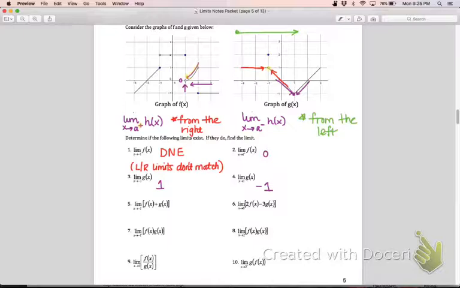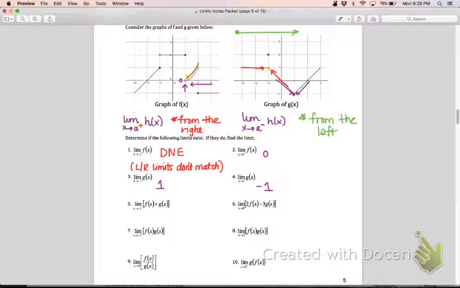So number 5, if we want the limit as x approaches negative 1 from the left of f of x plus g of x, then we need to kind of think about what f of x plus g of x is going to be as we move closer and closer. So let's consider these separately.